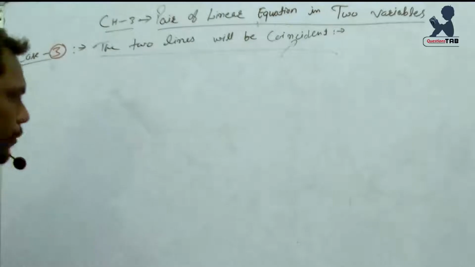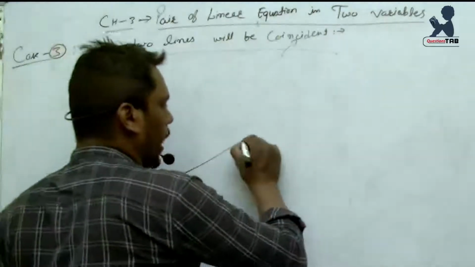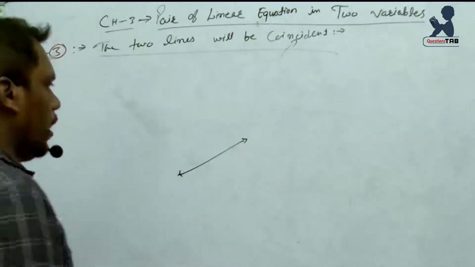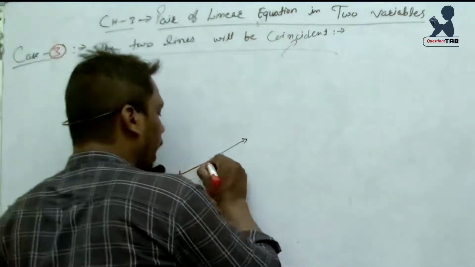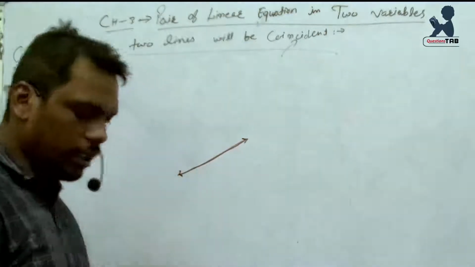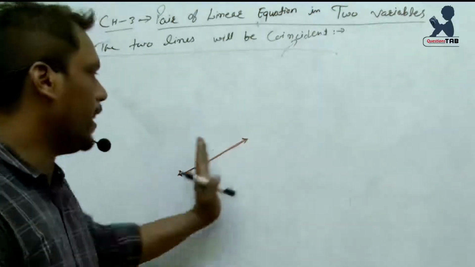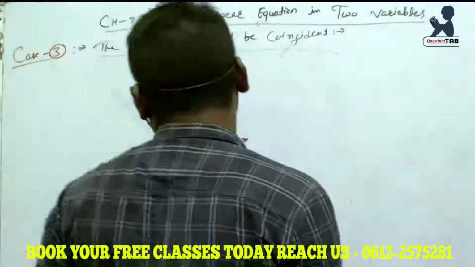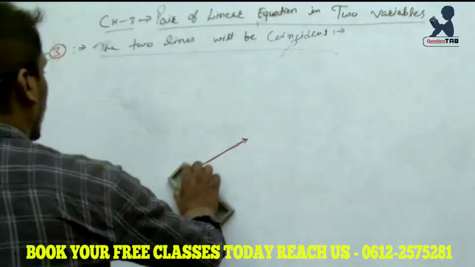Likewise, if we draw a line, and on the same line we draw another line, then these two lines are also called coincident lines. Here the two lines will be coincident.